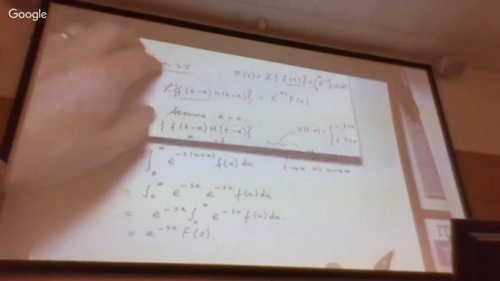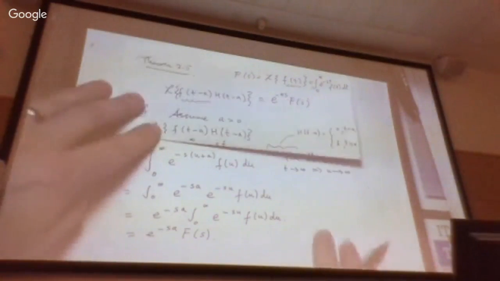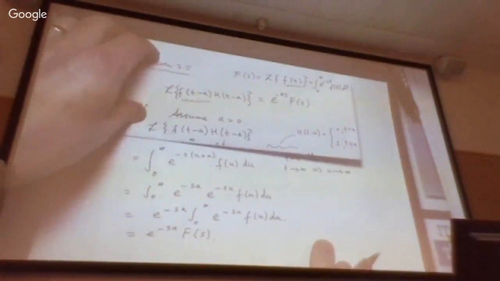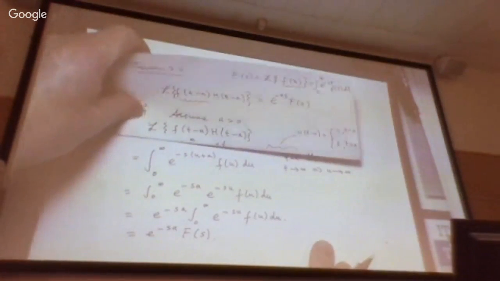We'll have a look at some examples of that shortly. For the meantime, we might go on and do the same result about the Dirac delta. But before we leave it, any questions or queries about that?